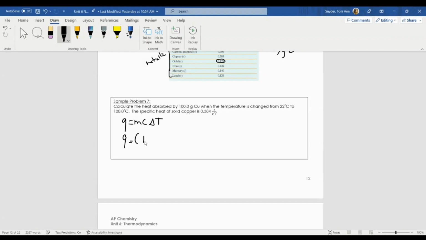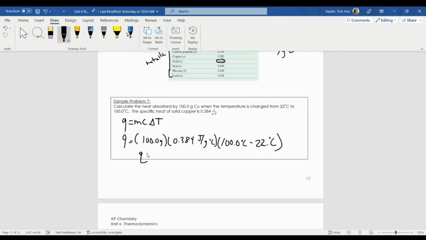The mass of the sample is 100 grams. Specific heat is 0.384 joules per gram degree Celsius. And my delta T is always measured as final minus initial. So the final temperature was 100 degrees Celsius, and my initial is 22.